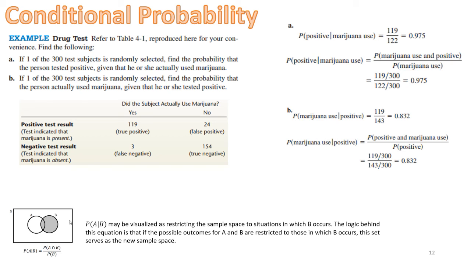We can use this Venn diagram to perhaps better understand what's going on here. We can say that A is in this case, that A is the event that you test positive and B is the event that you use marijuana. Well, you want the probability that you test positive given that you use marijuana. So then it's going to be this intersection here divided by all of this.